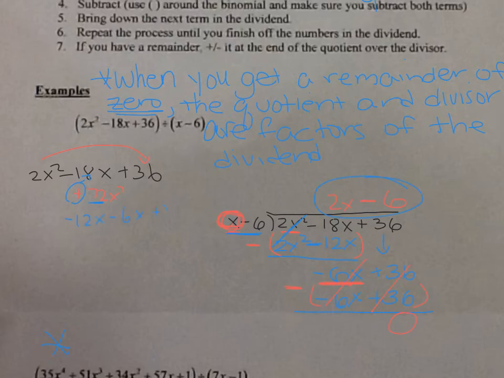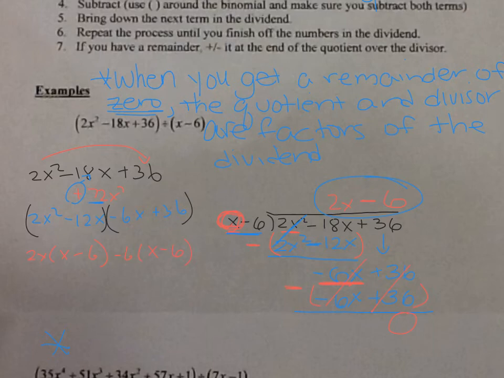Bring down the 36, bring down the 2x squared, and then factor by grouping, right? Group the first two, group the last two. So my GCF of the first group would be 2x times x minus 6. And then the GCF of the last group would be negative 6 times x minus 6.